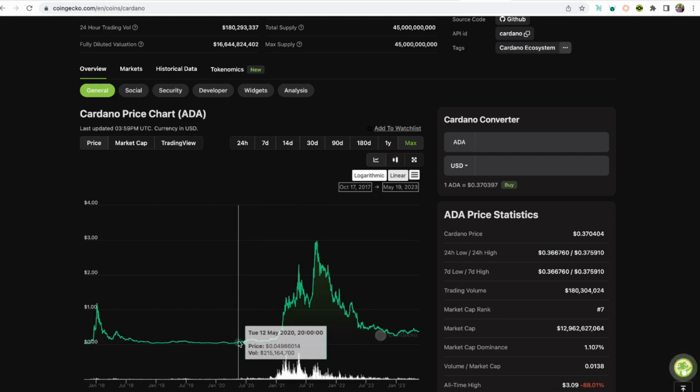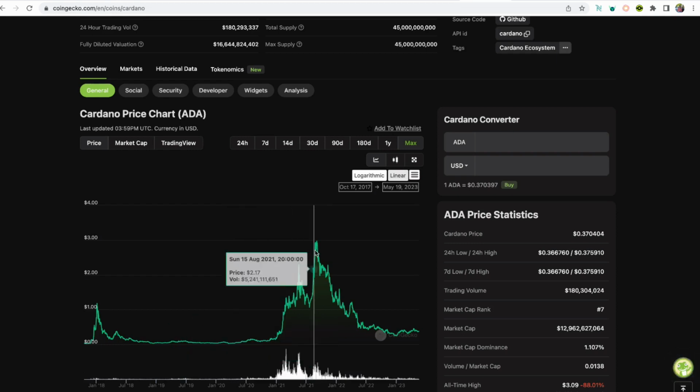So if you're buying here in January when the price is 2 cents, right? This is 2 years from the previous all-time high. You take $1,000, you divide that by 2 cents, you're gonna get around 40,000 ADA for $1,000 back here, right? And then let's just say you missed the top, but you sold right here.